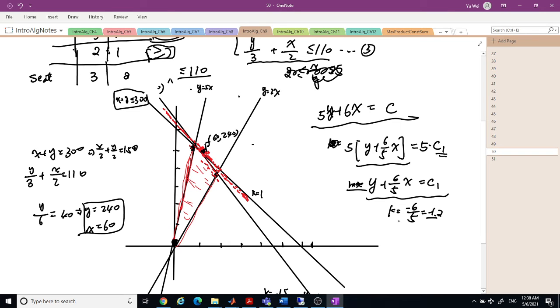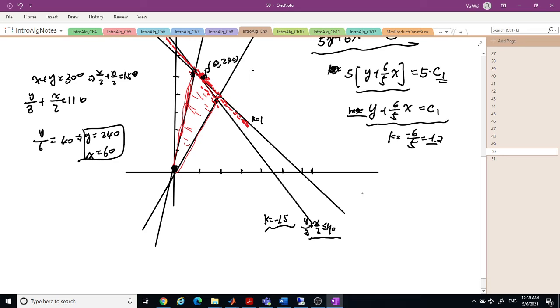So now we know the max of C is equal to 5 times y, which is 240, plus 6 times x, which is 60, that is equal to 1200 plus 360. So this is the maximum of dollars it can generate.